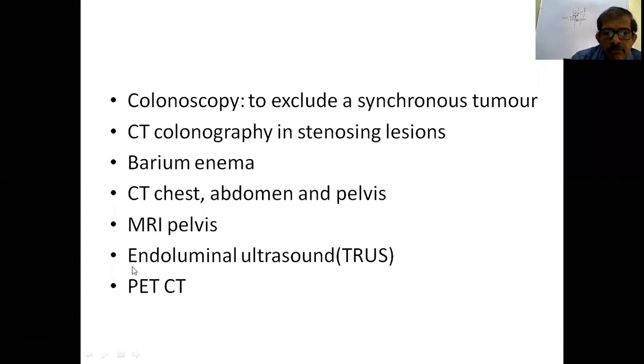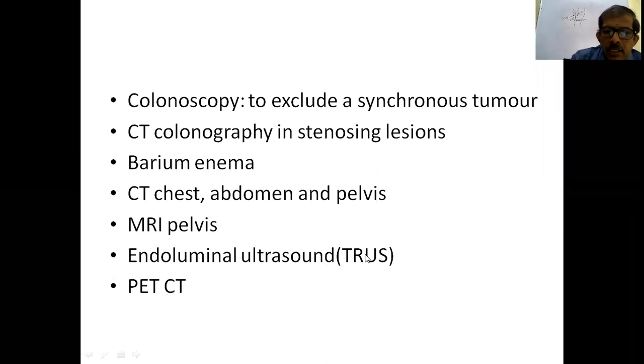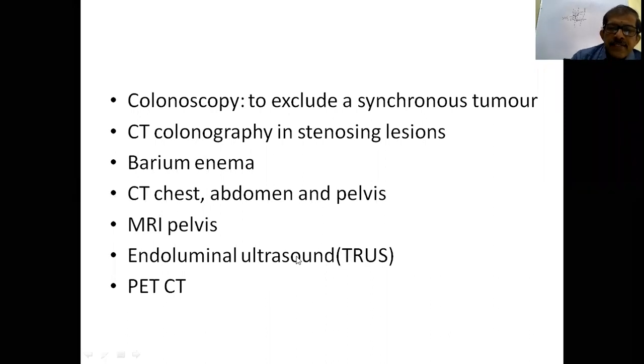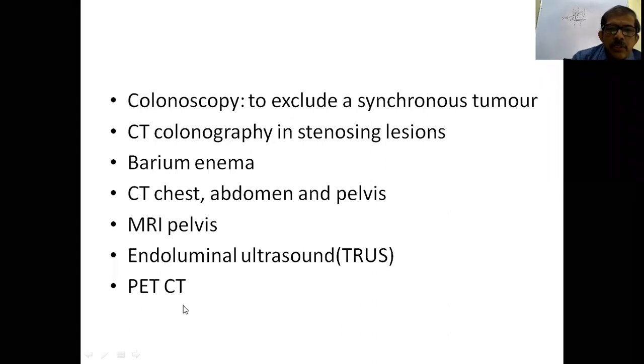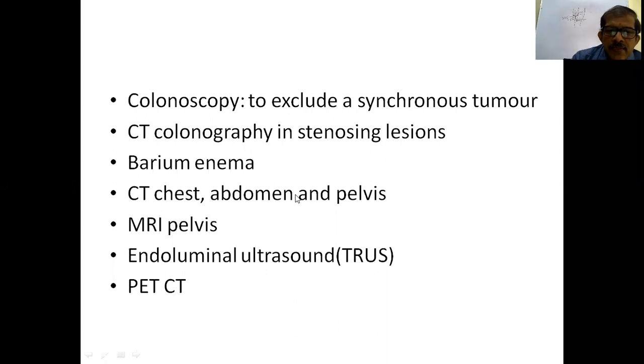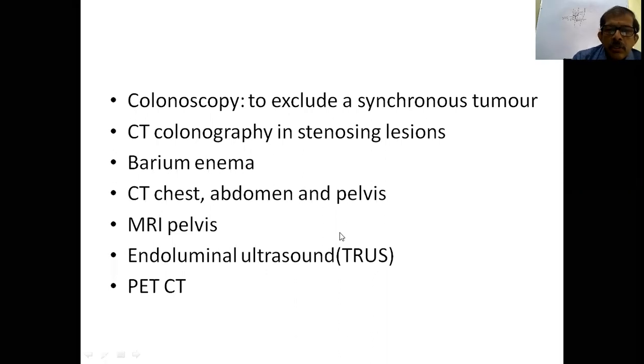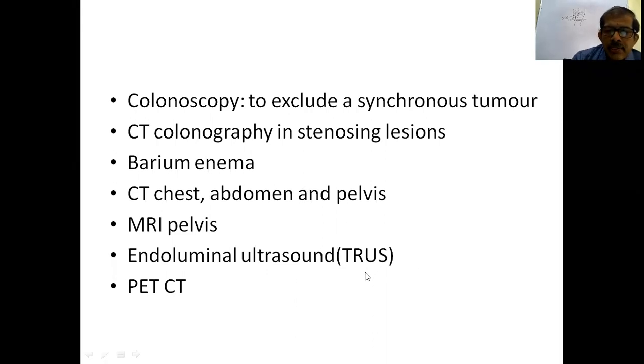And again for T stage, there is what is called endoluminal ultrasound, that is transrectal ultrasound, TRUS. So nowadays this one is more frequently used. Then ultimately PET CT is also done. Only thing I have not written here is ultrasound of the abdomen. So first we will do ultrasound, then if necessary CT. So you can remember TRUS.